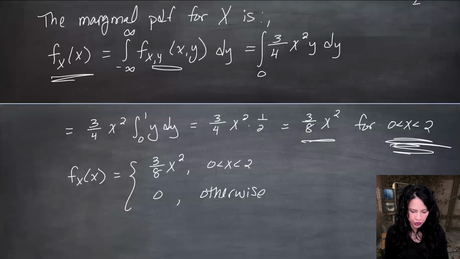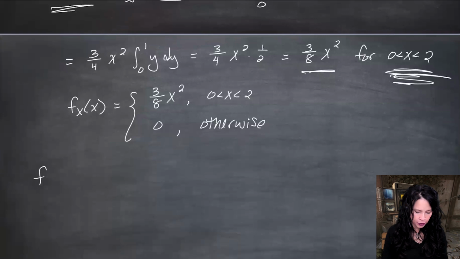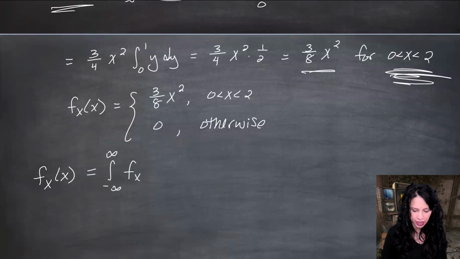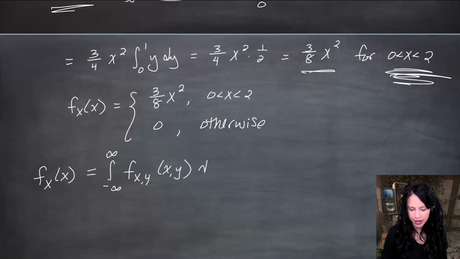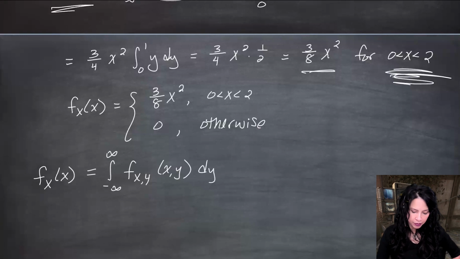I'm going to try this marginal again, but with indicator notation. The marginal PDF for x is supposed to be the integral minus infinity to infinity of the joint PDF, and we're going to integrate out y. And I'm going to plug in literally the entire PDF, indicators and all.